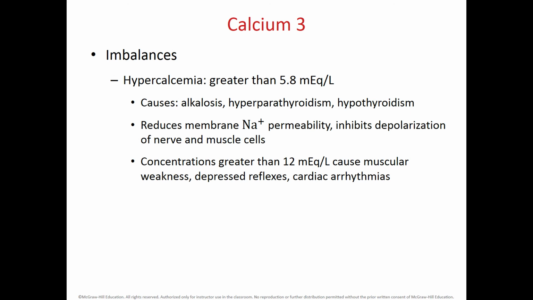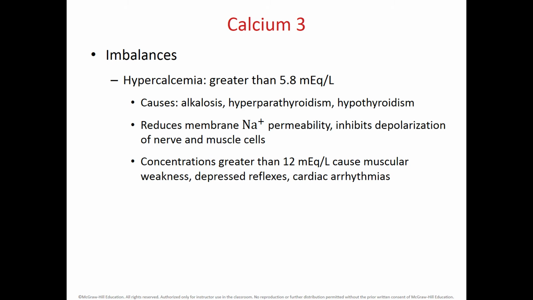Now, imbalances of calcium: hypercalcemia, having calcium greater than 5.8 milliequivalents per liter. It can be because someone has an imbalance of the pH that we call alkalosis, or because someone has hyperparathyroidism, in which the person releases excess of PTH, and this hormone activates the osteoclasts within the bones so they can start reabsorbing these salts of calcium to release calcium into our bloodstream.